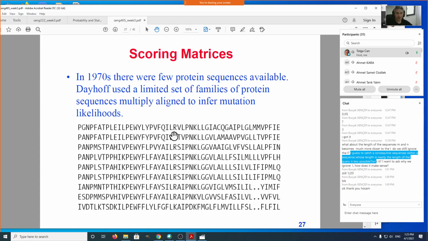But basically, they started with manual multiple alignments like this. There are some gaps here, but not too many gaps. So these are highly similar, known protein families, which are homologous.